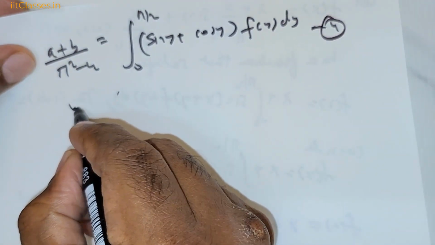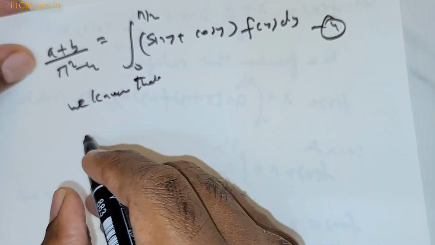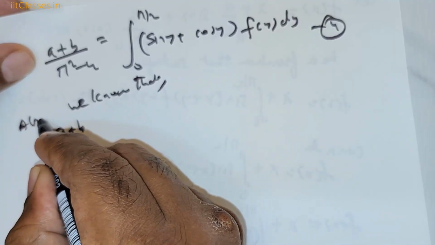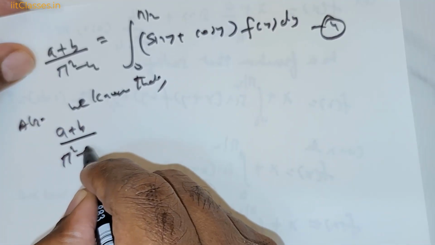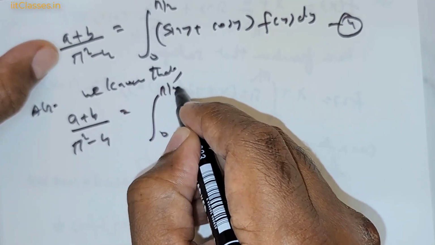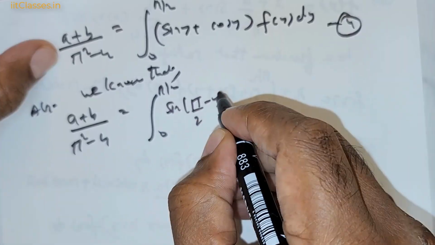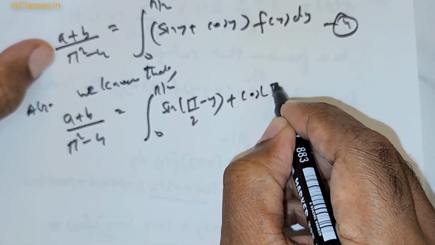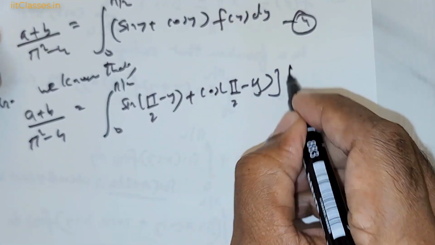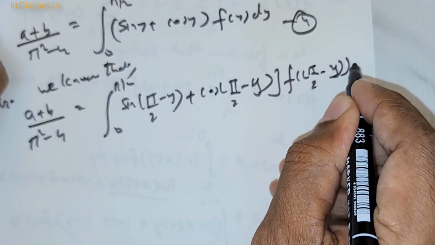Using the property of integral, we know that we can also write a plus b over pi squared minus 4 is equal to the integral from 0 to pi over 2 of (sin of (pi over 2 minus y) plus cos of (pi over 2 minus y)) times f of (pi over 2 minus y) dy.